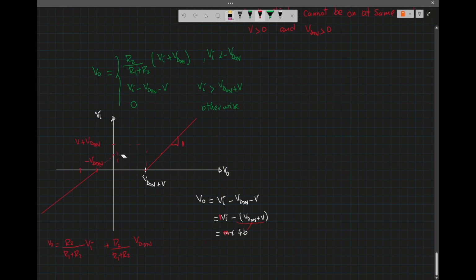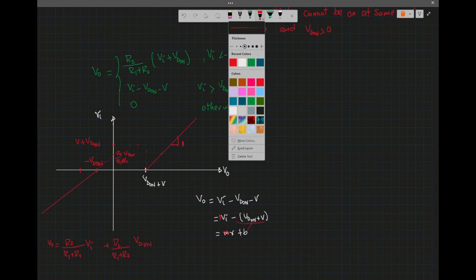So let me write it correctly. So R2 over R1 plus R2, VD1. So this is the transfer characteristic.